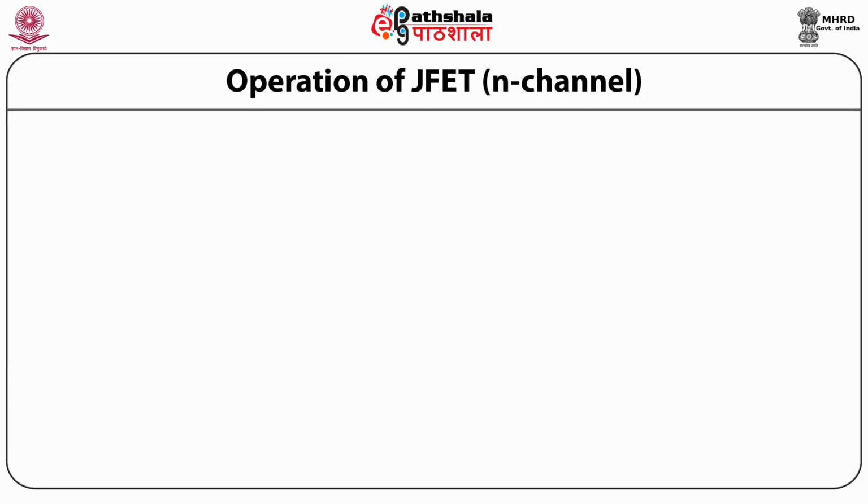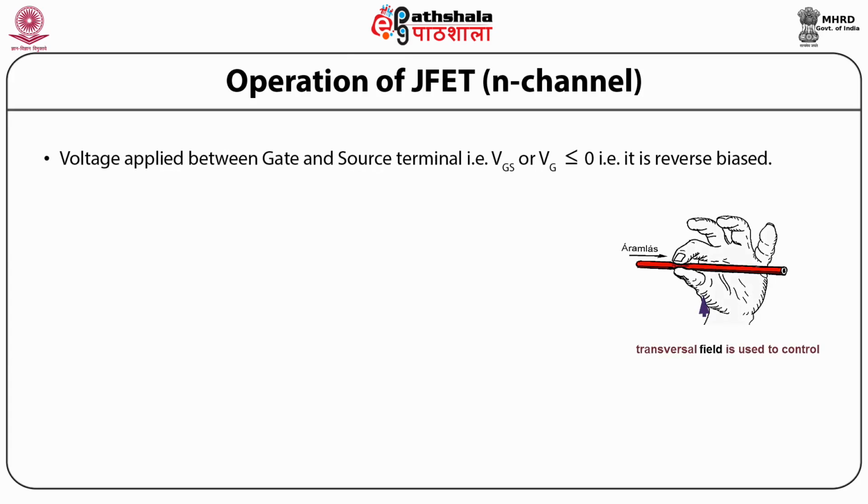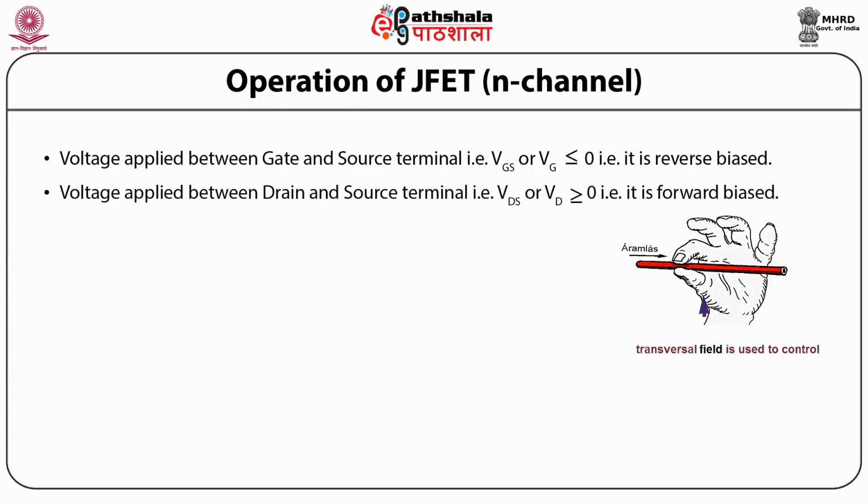Now here the voltage is applied between the gate and the source terminal, that is VGS, and since it is reverse biased, VGS is less than or equal to 0, whereas the voltage applied between the drain and the source terminal, which is denoted by VDS, is greater than or equal to 0, making it forward biased.